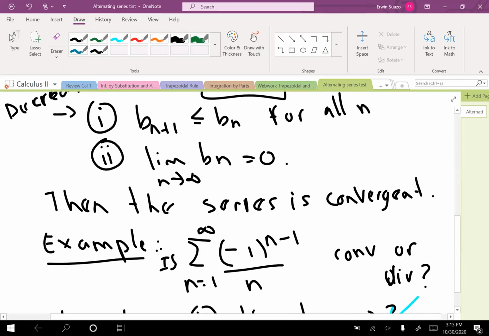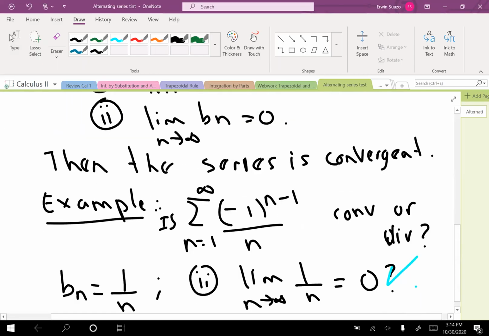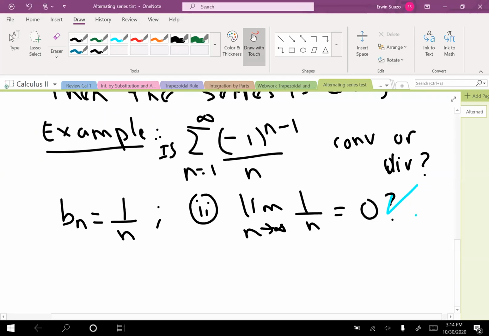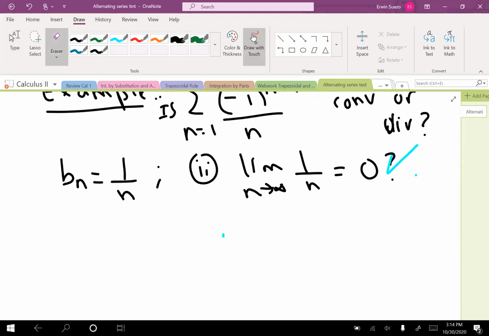And the second part, is this true? That Bn plus 1 is less or equal to Bn. That means decreasing. Is this decreasing? Is Bn plus 1 less than Bn?